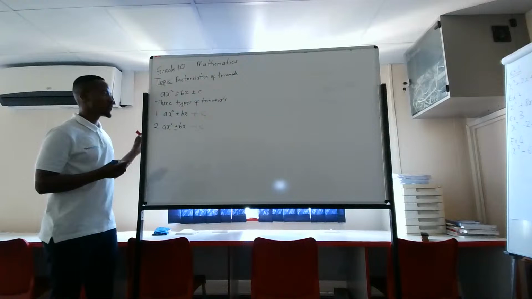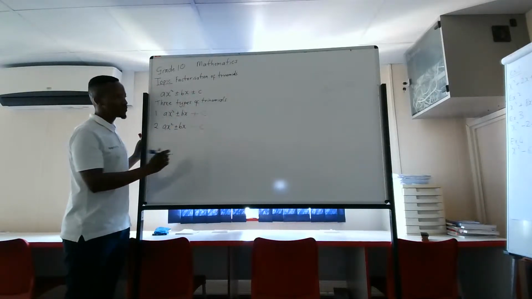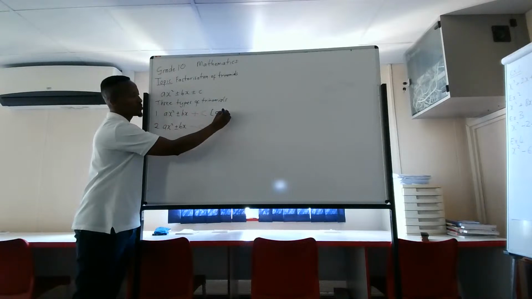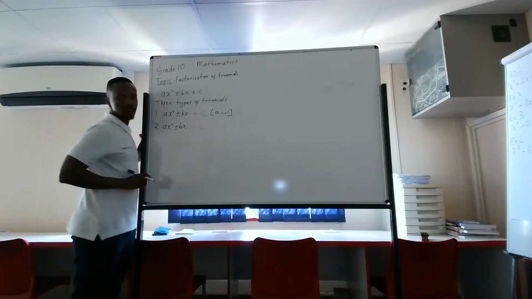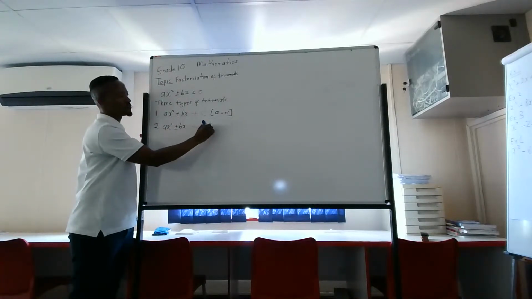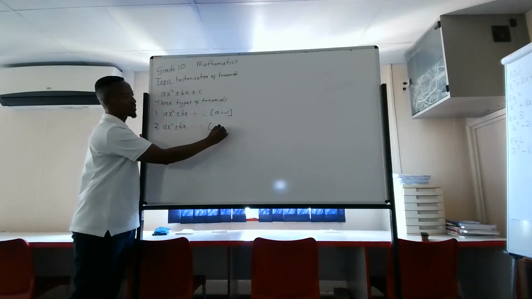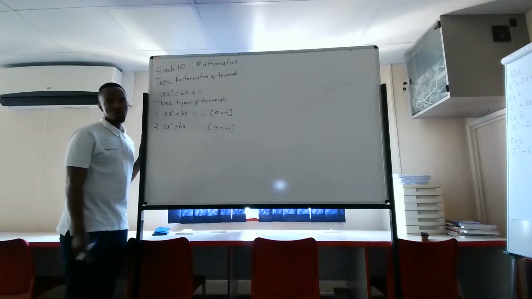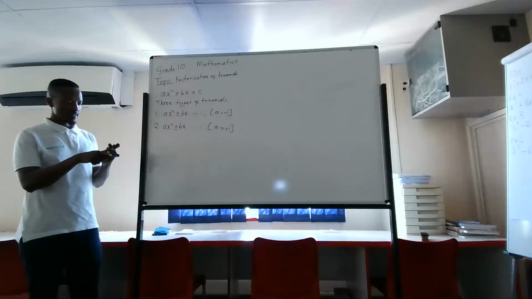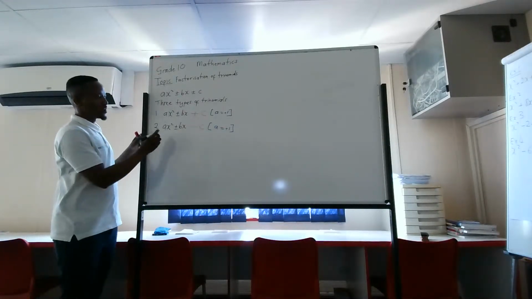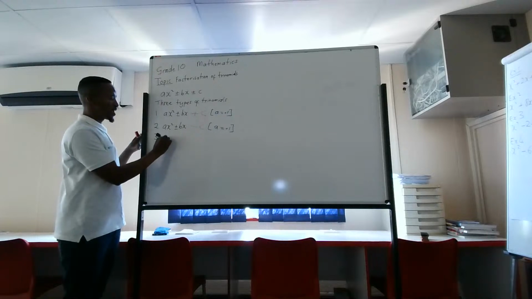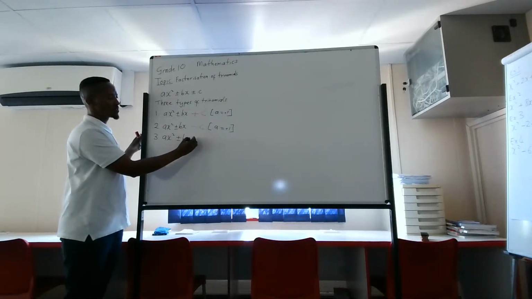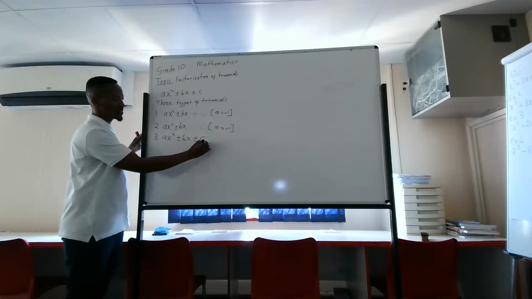Now the conditions for type 1 and type 2 are the following. For type 1, the value of a will always be equal to positive 1. For type 2, the value of a will also always be equal to 1. The last type, we have ax squared plus or minus bx plus or minus c.